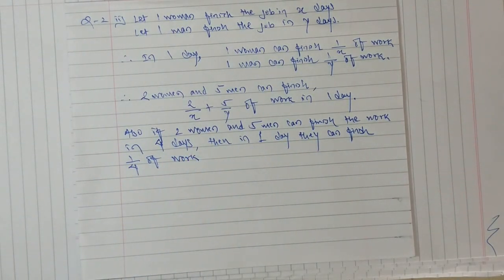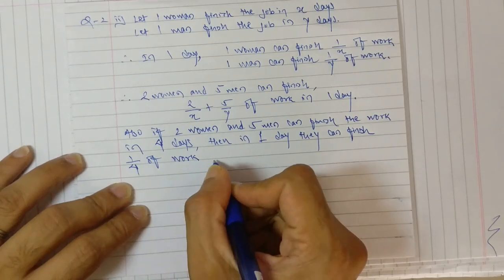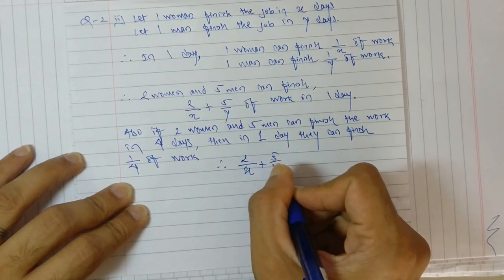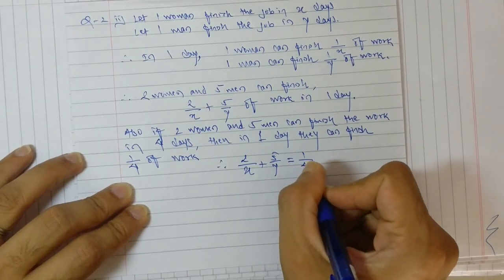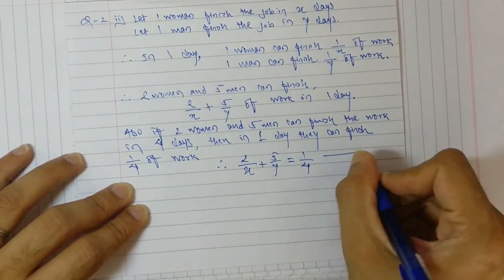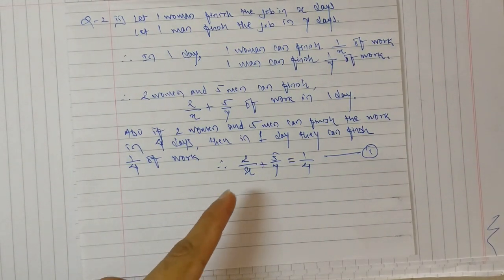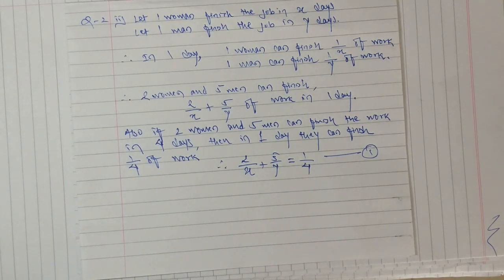In 1 day they can finish 1 by 4 of work, and therefore 2 by X plus 5 by Y is equal to 1 by 4. That is your equation number 1. This is how you form an equation, right? So this you have to solve by the method which we just did. You have to take 1 by X as A, 1 by Y as B, and solve it. Okay, but that's just one equation.